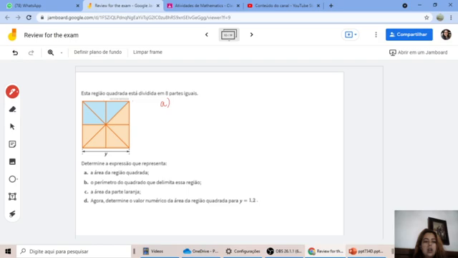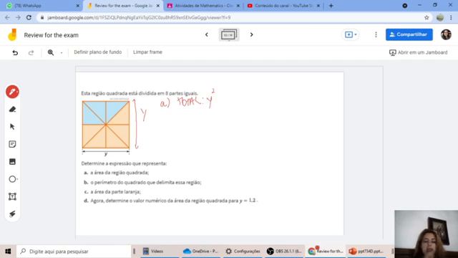If I'm thinking about the big one, this side is also y, so the total area is y to the square.